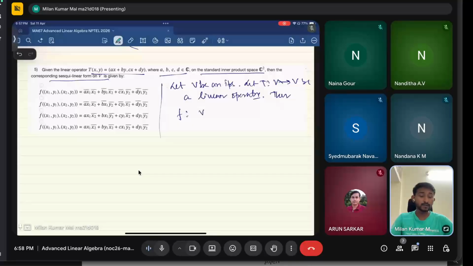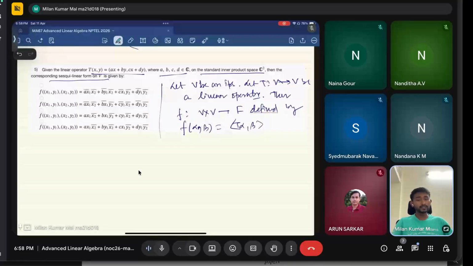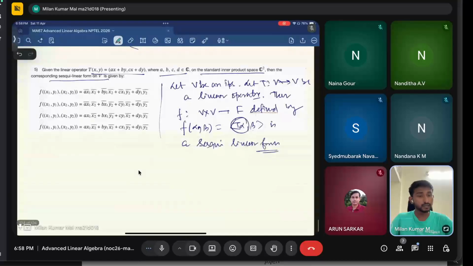This you can check. Sesqui-linear means it is linear in the first component, and why is this linear in the first component? Because T is linear and the inner product is linear in the first component. And why is it conjugate linear in the second component? Because the inner product is conjugate linear in the second component. Okay, that is the reason.